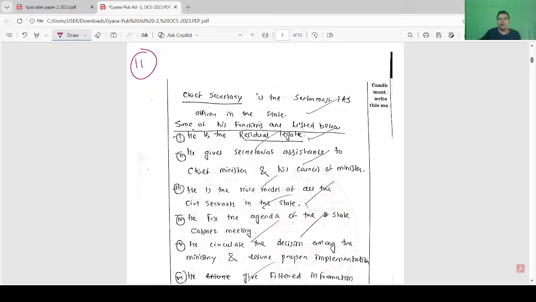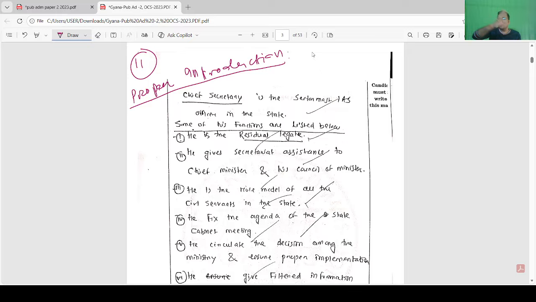So here he starts directly. Chief secretary is the senior most IAS, but a proper introduction he missed. So write that Indian administration is based on a split system.